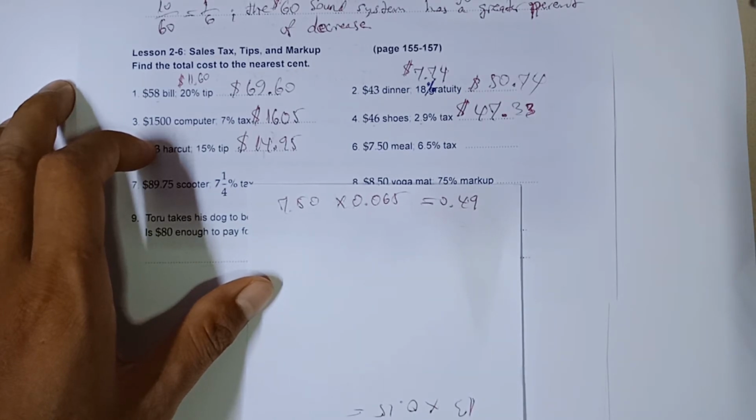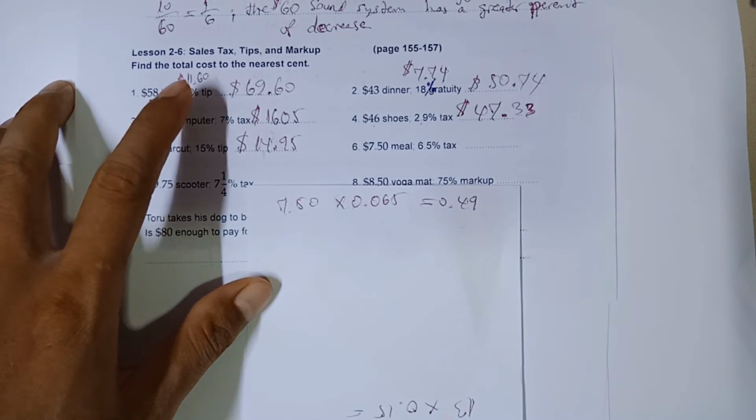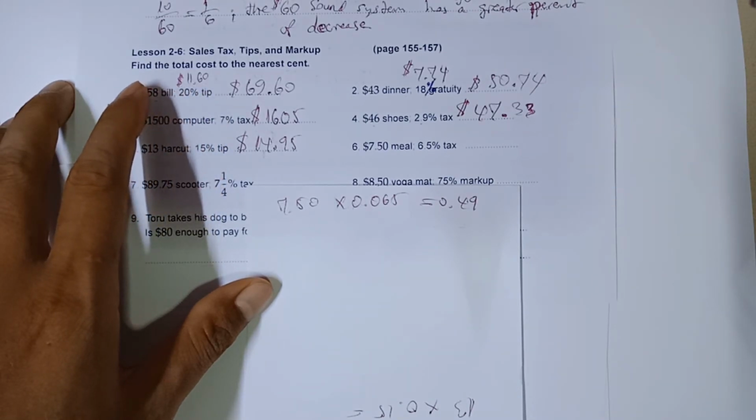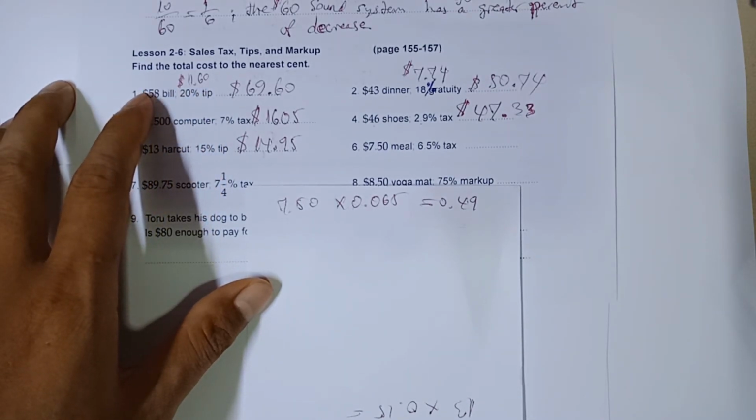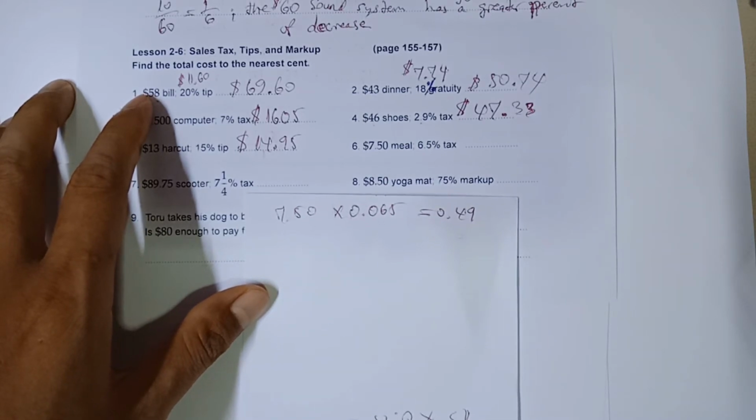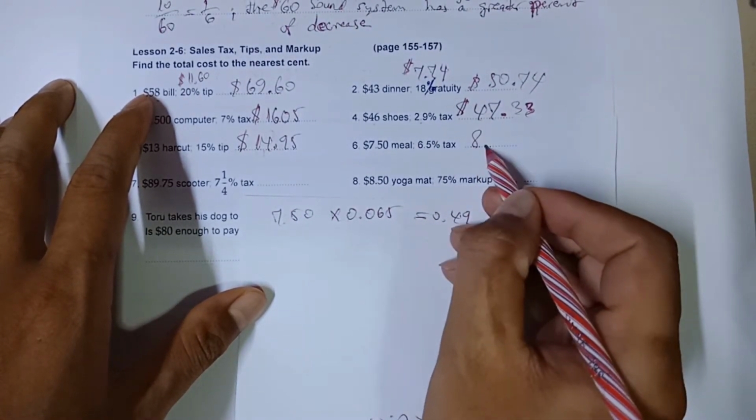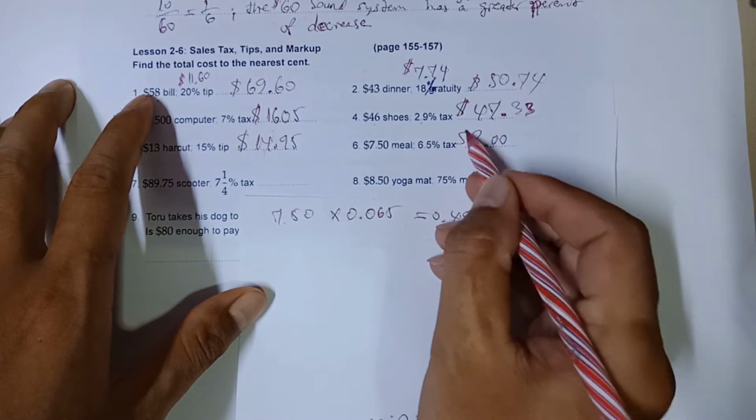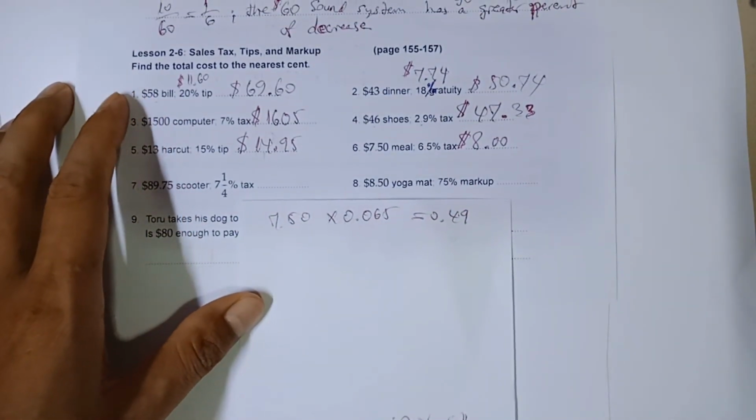To the nearest cent, the total is approximately $8.